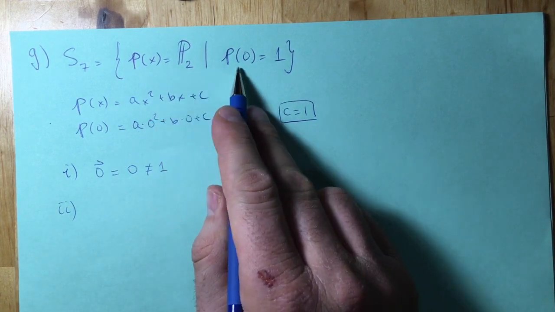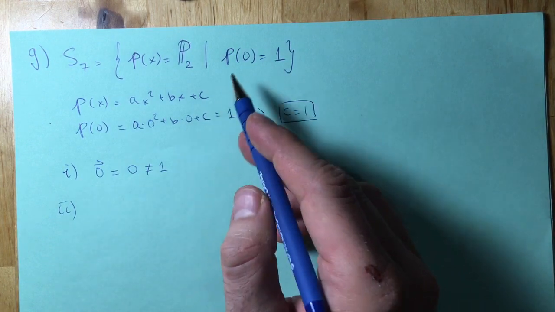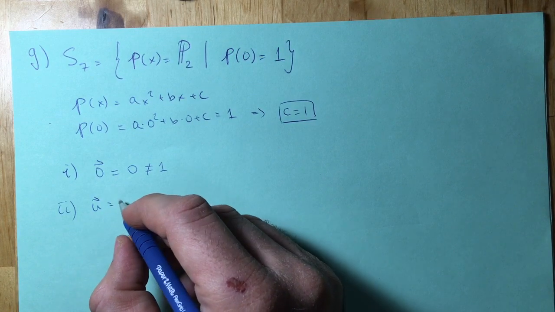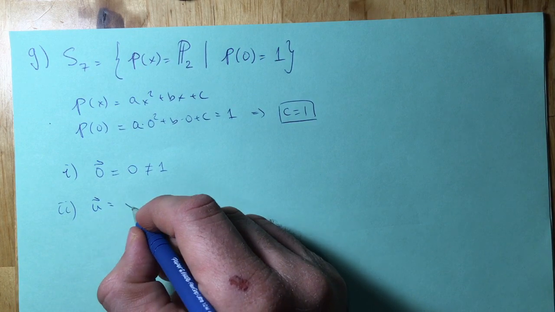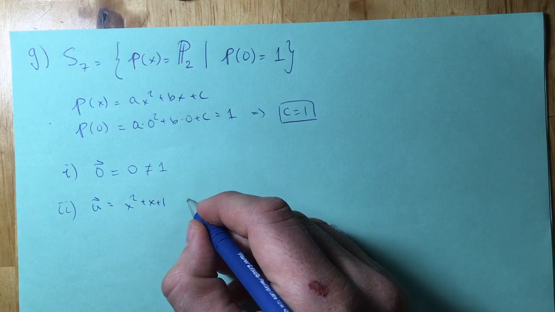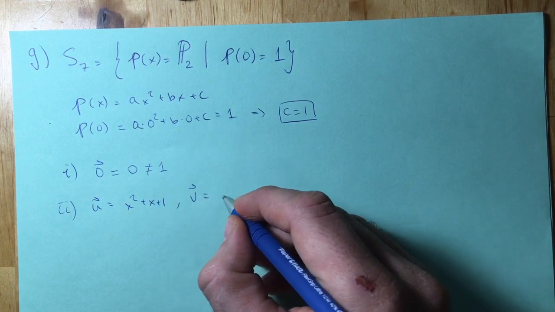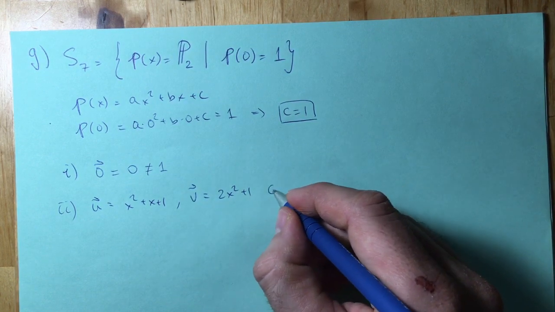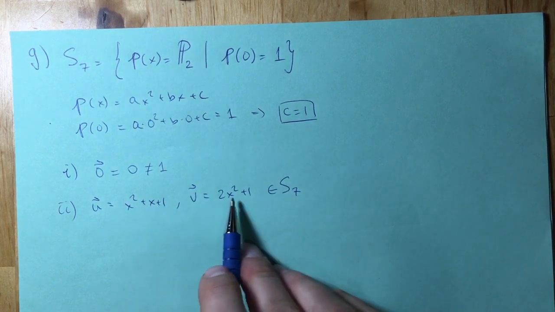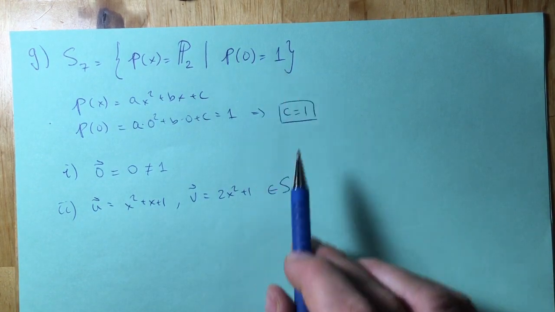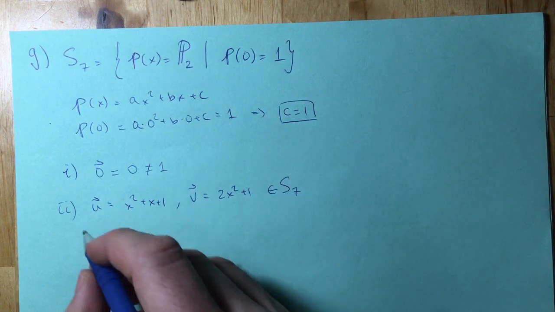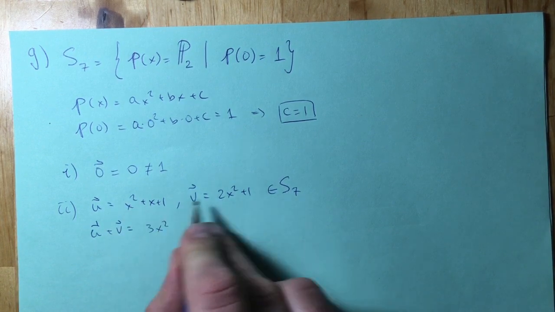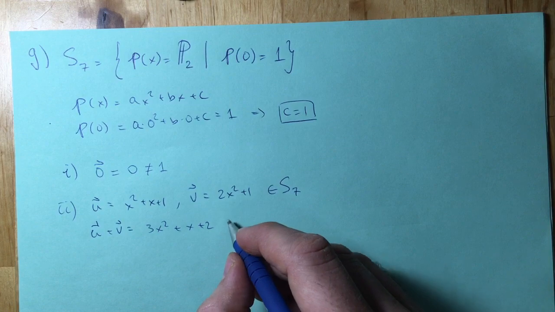Two, take two vectors from this set, so take any two quadratic polynomials with constant term 1. So let's say u is equal to, I don't know, x squared plus x plus 1, and v is equal to 2x squared plus 1. Both of them are in S7 because both of them evaluated at 0 will give you 1, or in other words, both of them have constant term 1. But u plus v is equal to 3x squared, so I just add them, plus x plus 2.